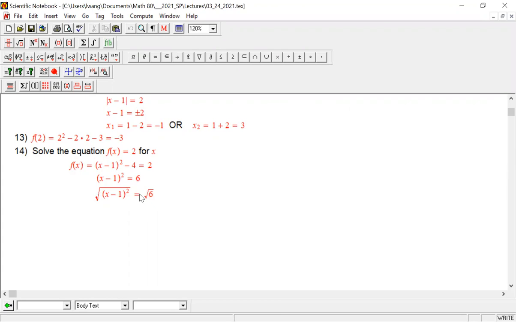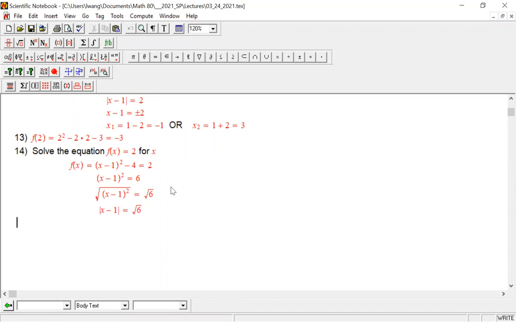Okay, are you guys thinking about the vertical cut or horizontal cut? Yeah, we're going to do that after we solve it, right? So we're going to have the absolute value of x minus 1 equal to the square root of 6. Boom.